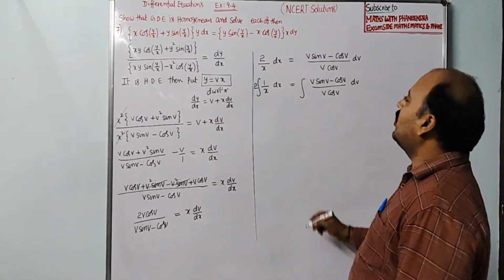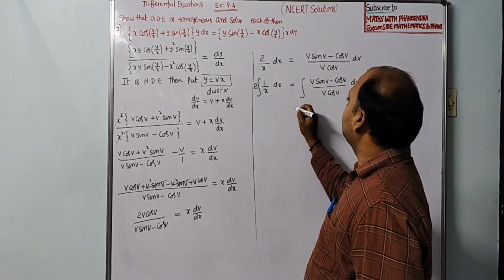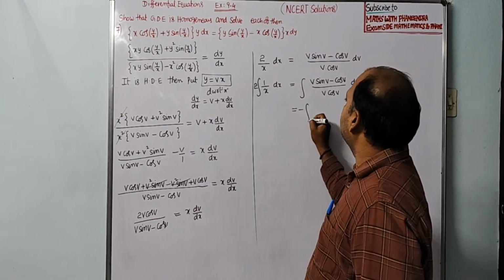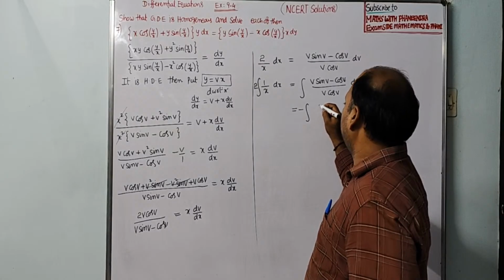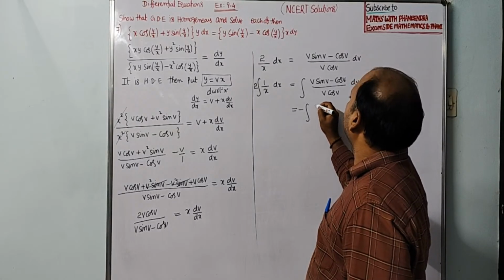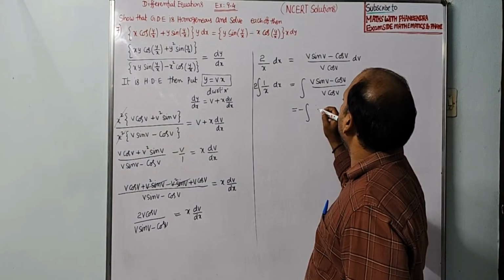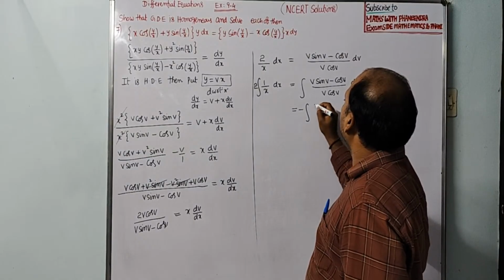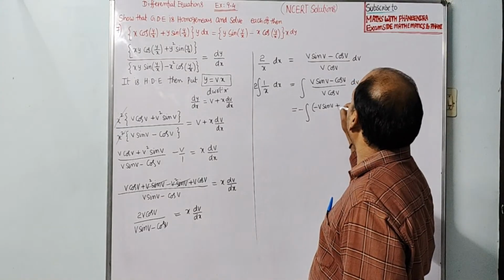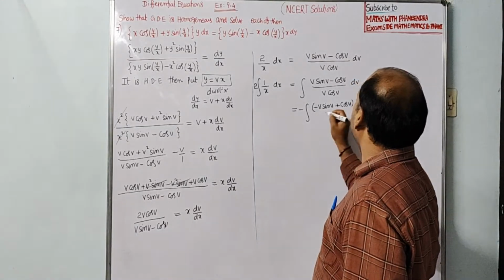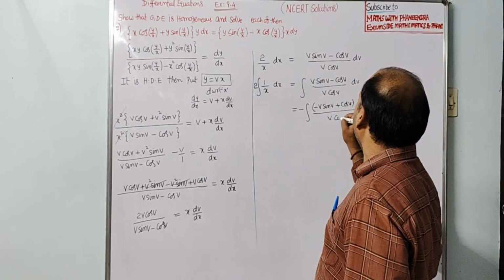Here, one important result is there. Minus, if we take common, what happens is minus v sin v plus cos v. Am I right? I'm taking common minus.